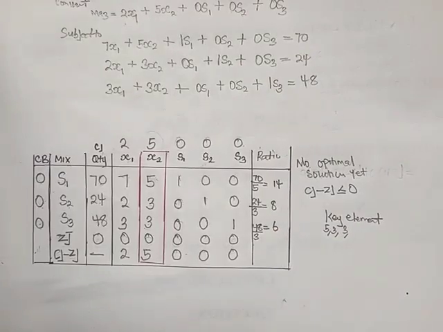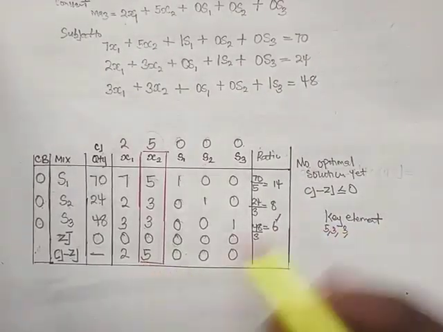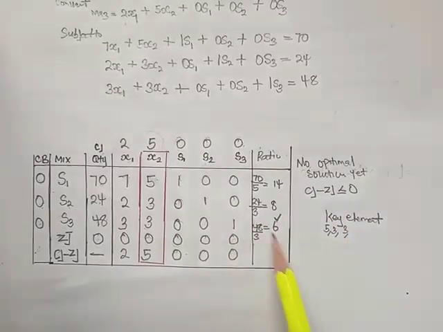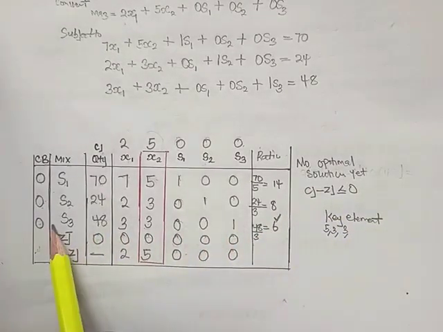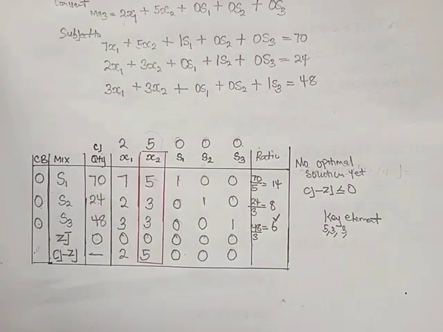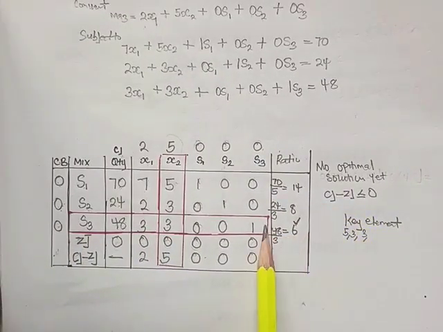Now I'm going to select the lowest number to get my pivot row. Don't forget, when I wanted to get my pivot column, I chose the highest. But in this case, I'm going to choose the lowest. So this particular row is my pivot row.